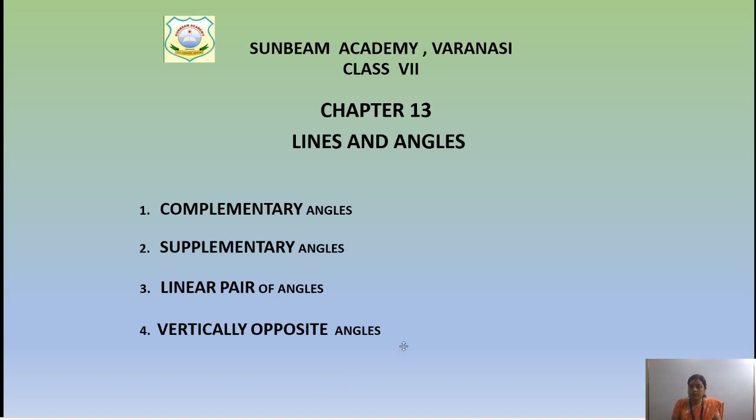Now, complementary angles. What are angles, children? First of all, if you remember, if there are 2 rays meeting at the same point, then it will make some angle. The distance between those 2 rays will be called an angle, and through a protractor you can measure it.